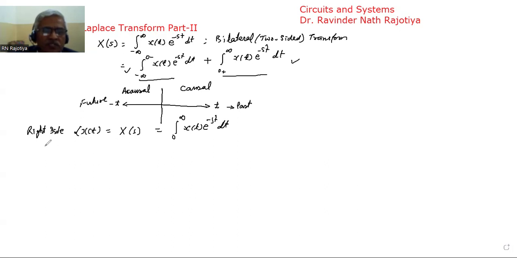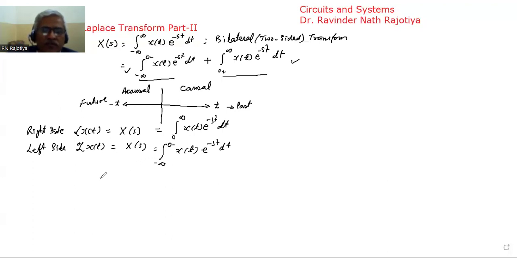Similarly, for the left-sided signal, the Laplace transform of the given signal x(t) is X(s), and the limits are from 0 minus to minus infinity of x(t) e power of minus st dt. So this is the causal system, and this is the non-causal or acausal system.